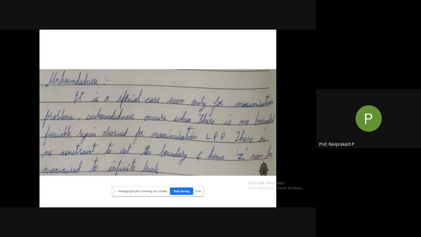Here, what they mean by only for maximization is that for all the constraints it will be greater than or equal to. So in the problem you can see, or you can go back and check.